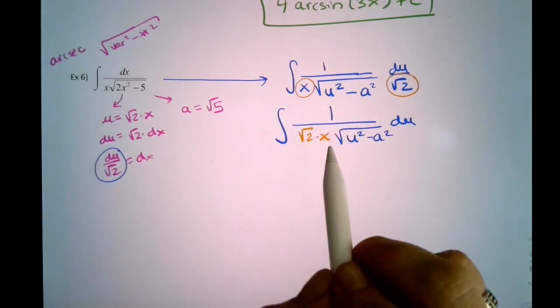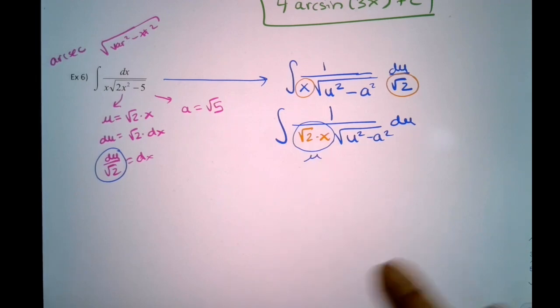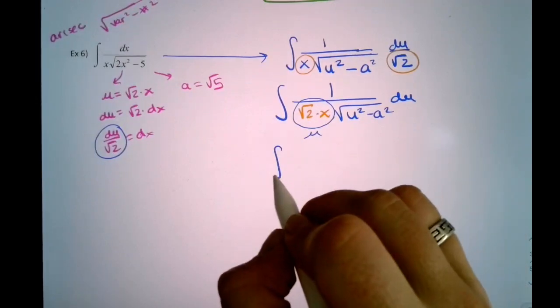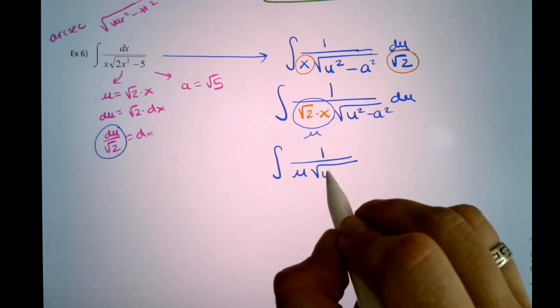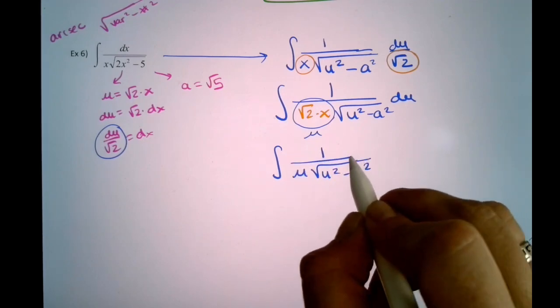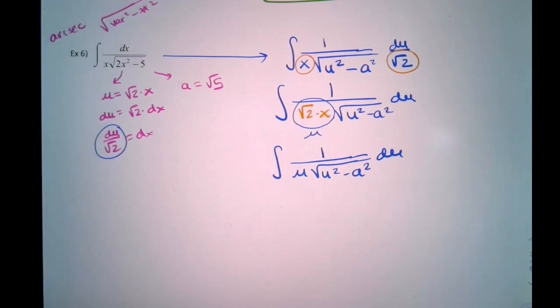And what I want you to recognize is that that actually is u. That's legal. I have actually achieved my goal of making that integrand look perfectly like this generalized form of the arcsecant derivative. It's kind of a mouthful, but you have done it.